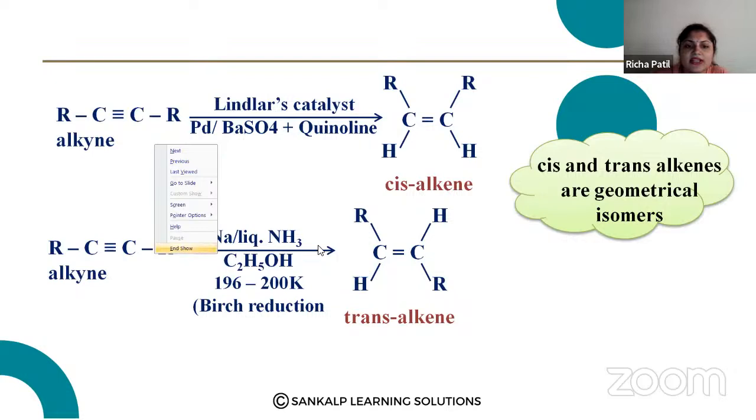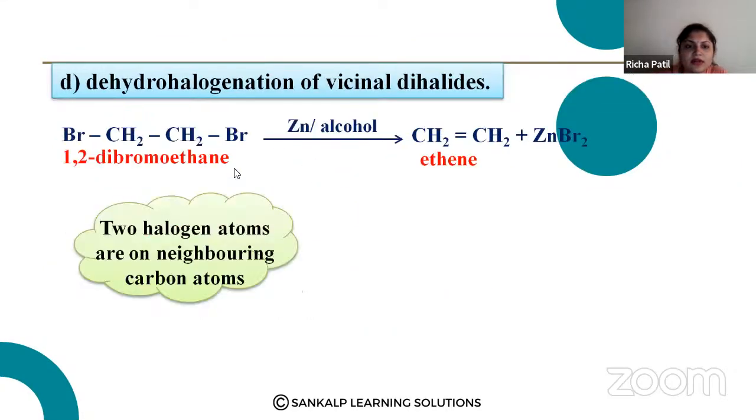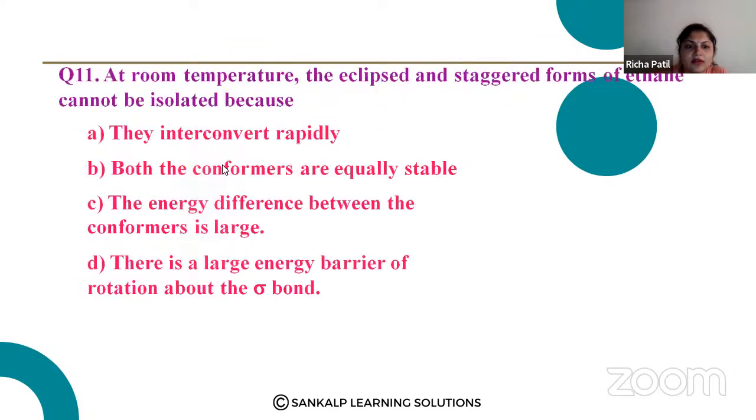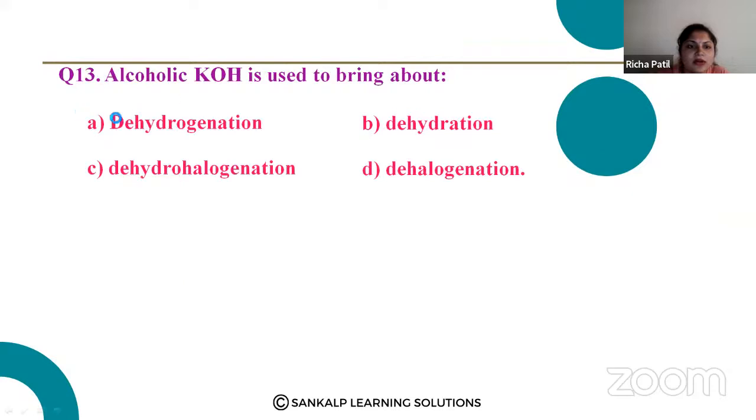What is the condition here? Sodium in liquid ammonia. When sodium in liquid ammonia is there, you obtain your trans alkene. The question is wrong there.